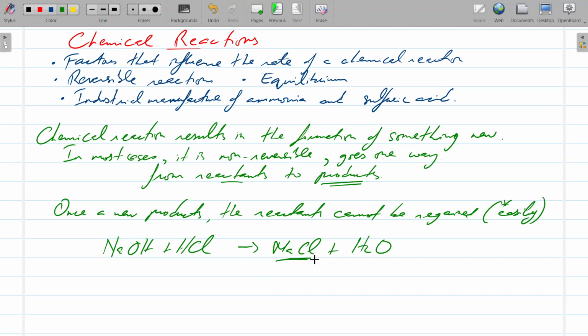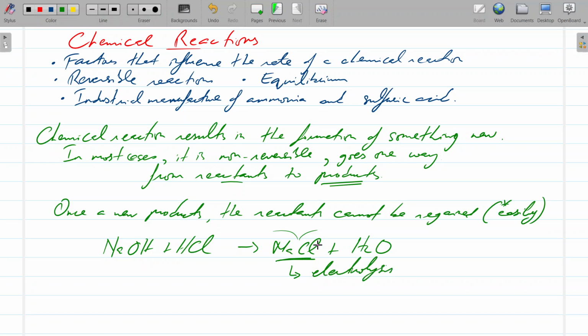How do you go back? How do you split this? You can't. Like we've studied in electrolysis, to split the sodium and the chlorine, you need to perform electrolysis. And electrolysis is not easy.